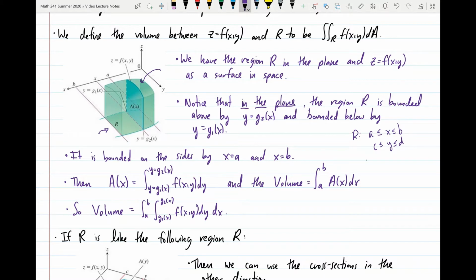So instead of constants, now x is still going to be bounded by a couple of constants, but y is going to be bounded by a couple of functions, functions in x. So y is going to be greater than or equal to g sub 1 of x, but it's less than or equal to g sub 2 of x.